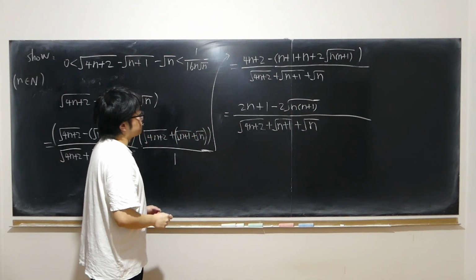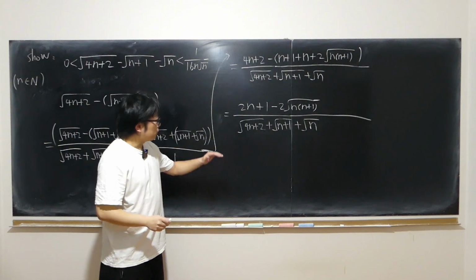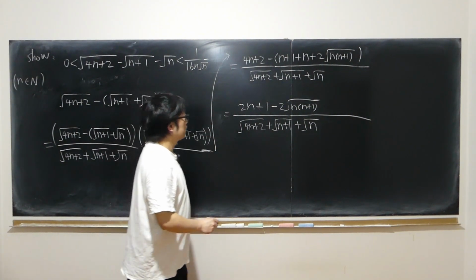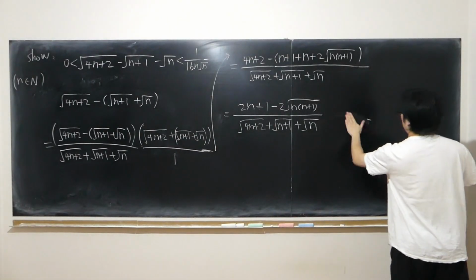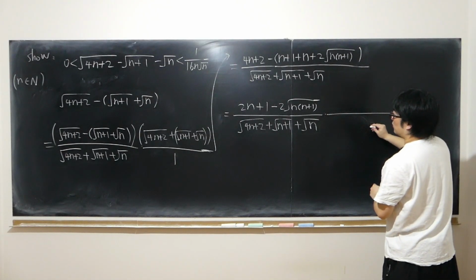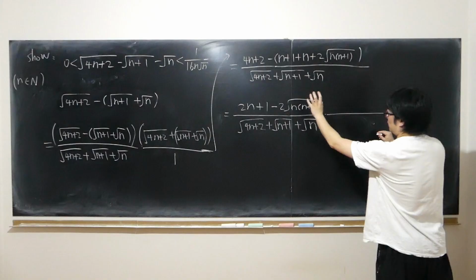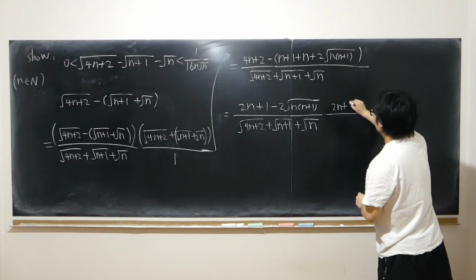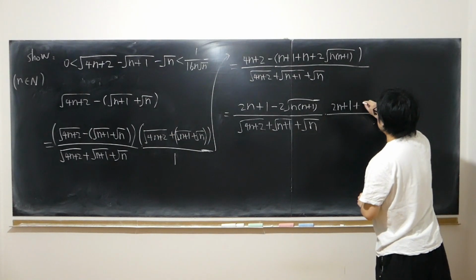Right? So it looks like we can rationalize the numerator once again. I'll just do this. Like I said, multiply by its conjugate. That is 2n plus 1 plus.